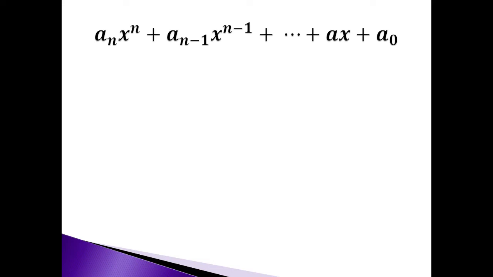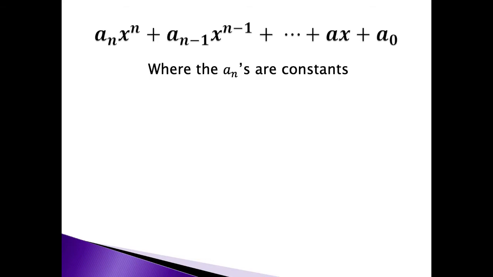A polynomial is an algebraic expression where you have constants times x to a power. The constants are a sub n minus 1, and the powers are x to the n minus 1. So the powers are decreasing in x, and the constants can be positive and negative real numbers, okay?